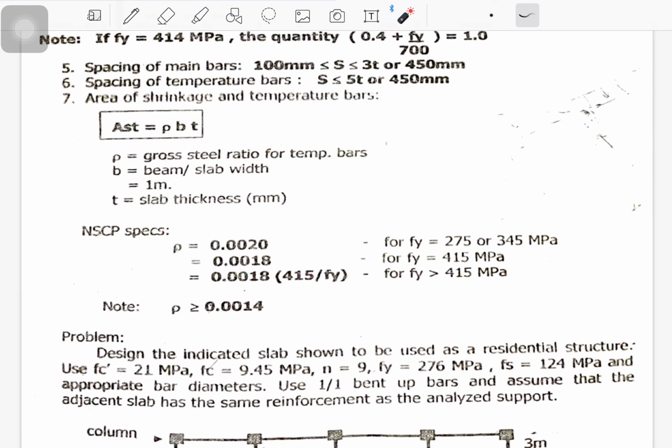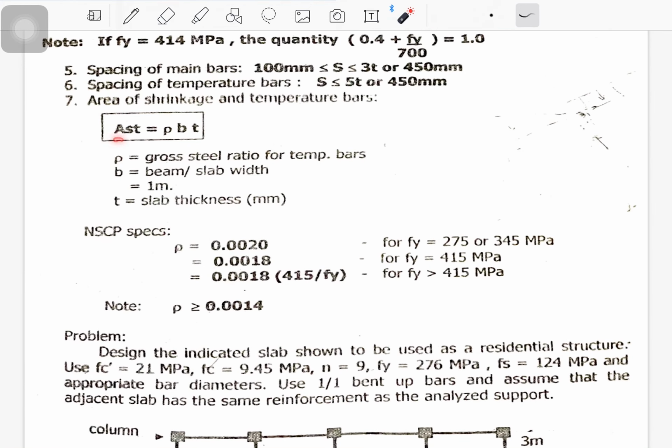So you have the shrinkage or temperature bar area, AST, equal to rho times the gross area. Normally the rho is specified in NSCP specs. For 276 or 275 megapascal and 345, you have the rho of 0.002. If that is 415 or 414, that is 0.0018. And for Fy greater than 415 or 414, that is 0.0018.